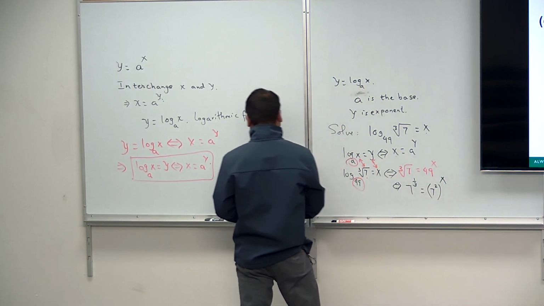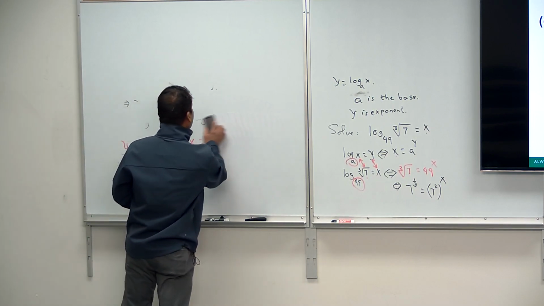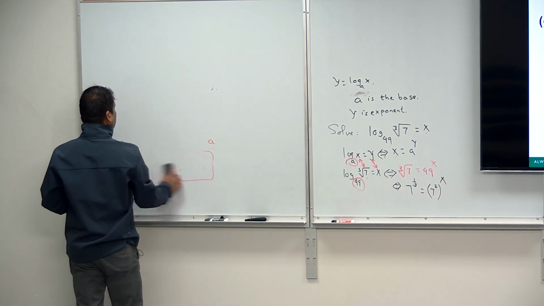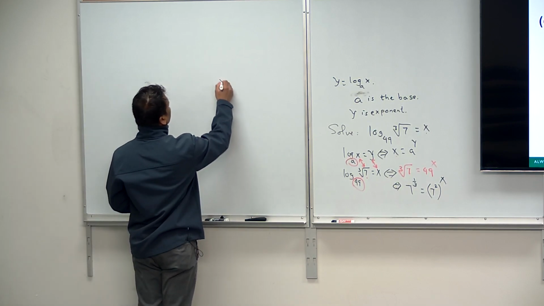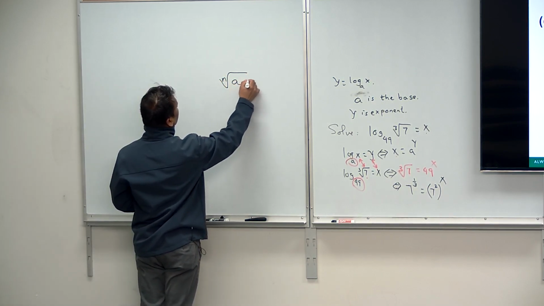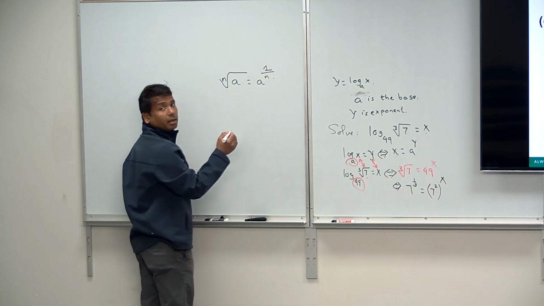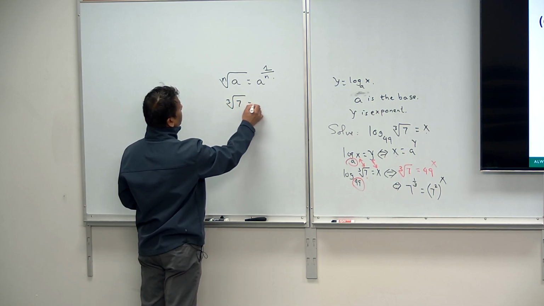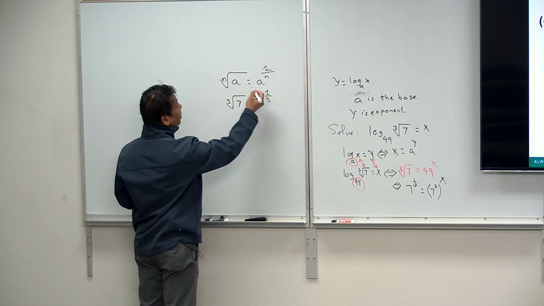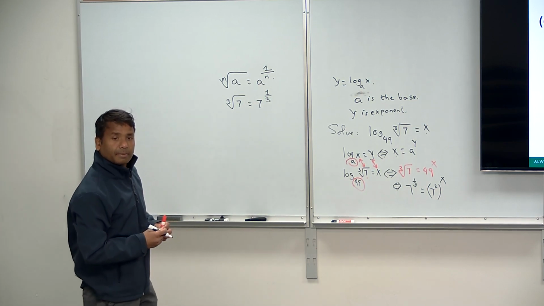You know that, right? Cube root of 7 is 7 raised to the power 1 over 3. So if you have an nth root of a, this is equal to a to the power 1 over n. That's why cube root of 7 is equal to 7 to the power 1 over 3. Right? That makes sense?